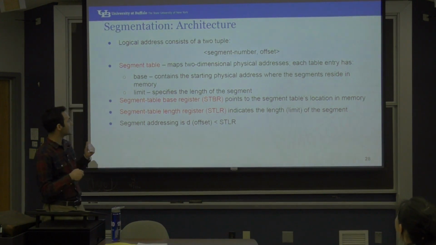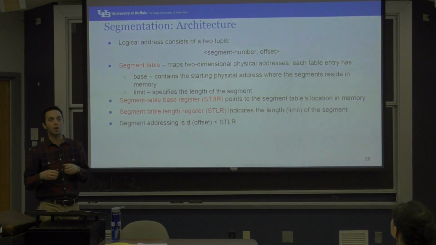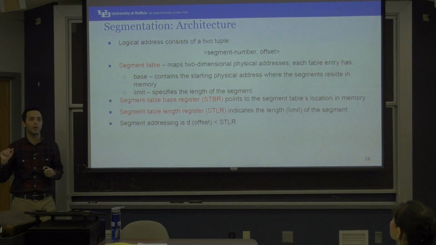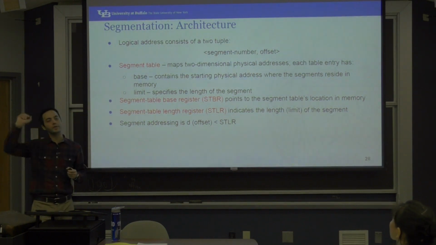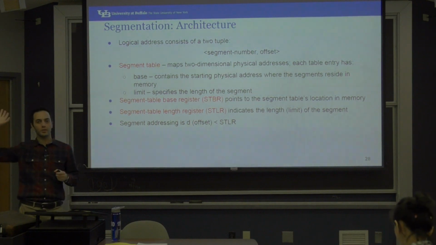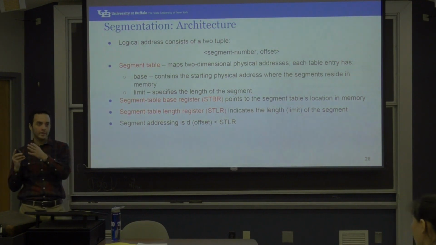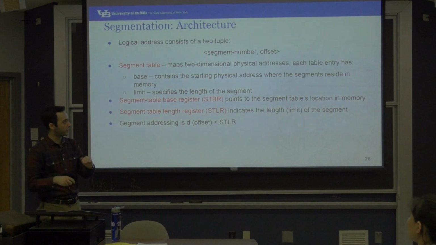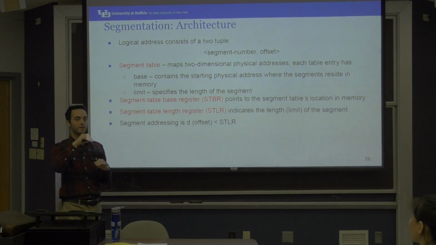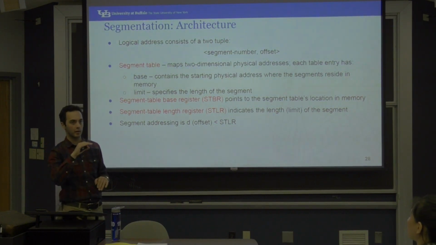So the segment table base register points to the segment table's location in memory. If the user program wants to access its code segment with the offset of 1000, the code segment is mapped to a different base on physical memory. And the offset is going to be the same, so we're going to point to the 1000th offset within that segment on physical memory.